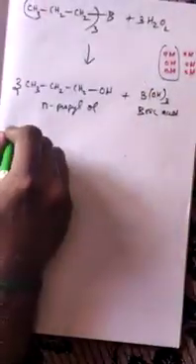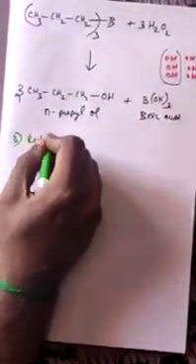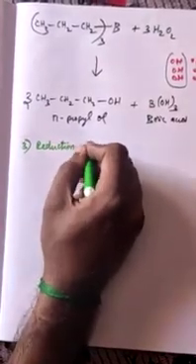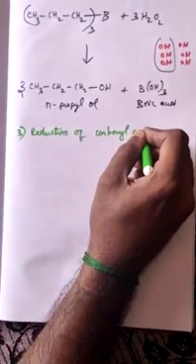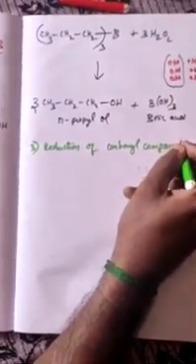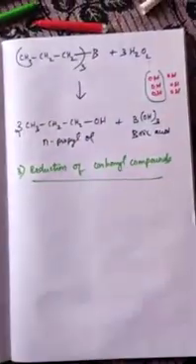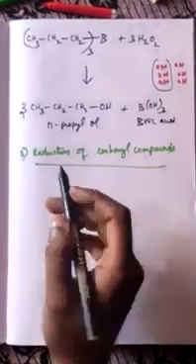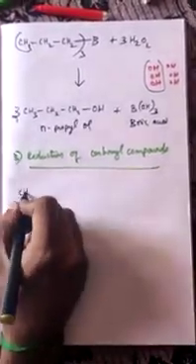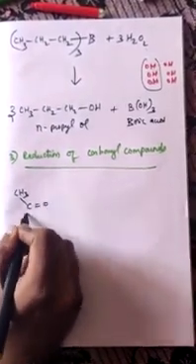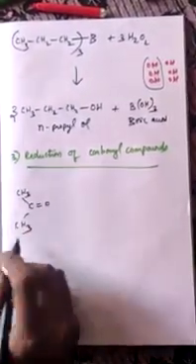Next, the third method is by reduction of carbonyl compounds. Already in 11th standard we learnt carbonyl compounds are aldehyde, ketone, carboxylic acid and ester. From those carbonyl compounds we are going to prepare the alcohol. First one, CH3-C=O-CH3, acetone.